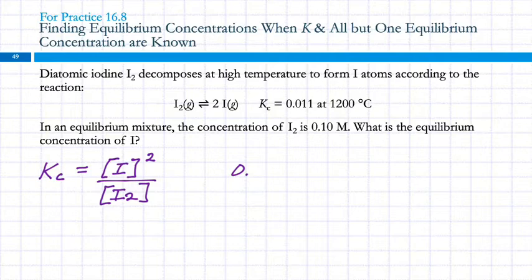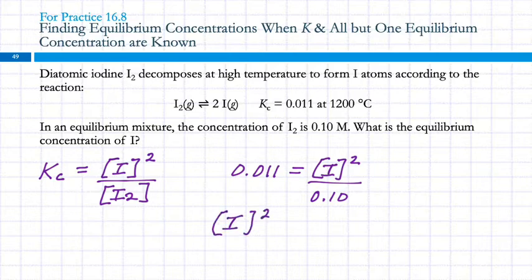So we've got 0.011 is equal to I squared over 0.10. So I squared is 0.0011. Concentration of I is the square root of that, 0.033.